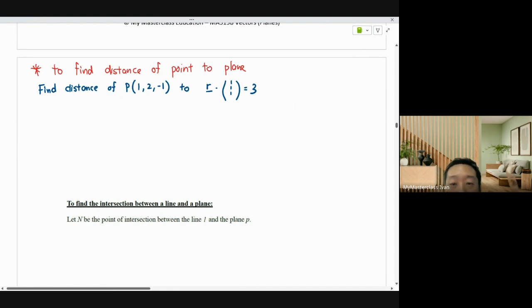(1, 2, minus 1). This is actually a very important skill that you need to know. Number one, you must identify that this (1, 1, 1) is the what of the plane. 111 is the normal. Very good.